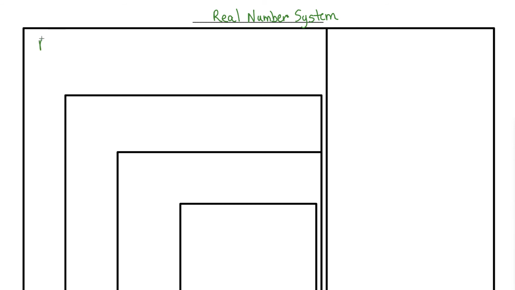This box is made of two kinds of numbers. We have these things called rational numbers. And on this side, these are irrational numbers.